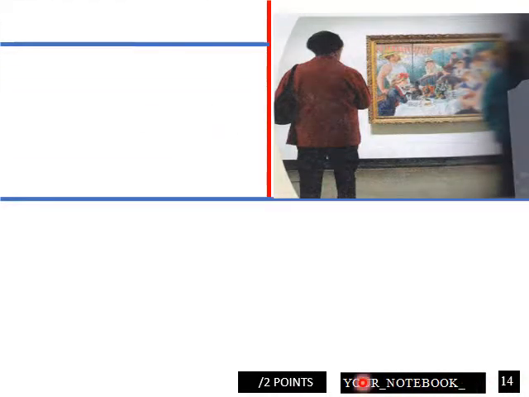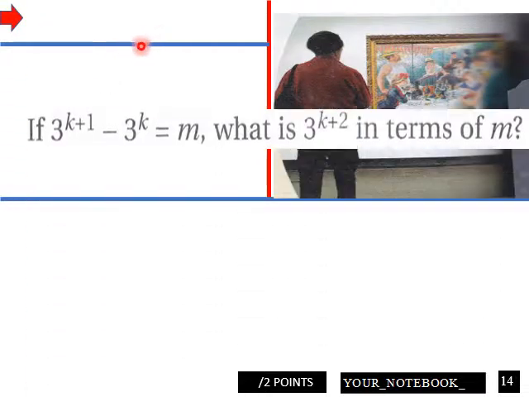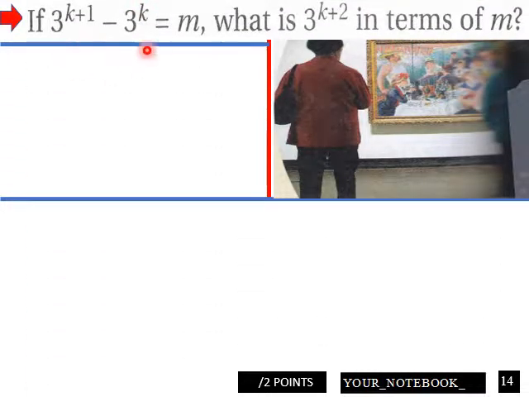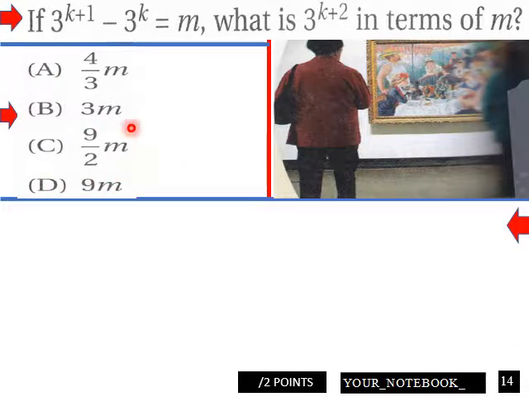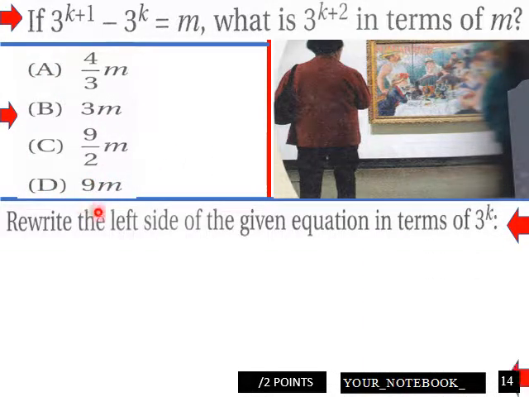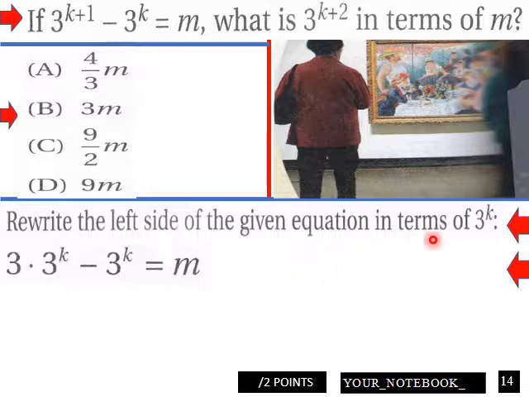Okay, next page here. If 3^k plus 1 minus 3^k equals m, what is 3^(k+2) in terms of m? So in terms of m, here are possible answers. Rewrite the left side of the equation in terms of 3 to the k power.